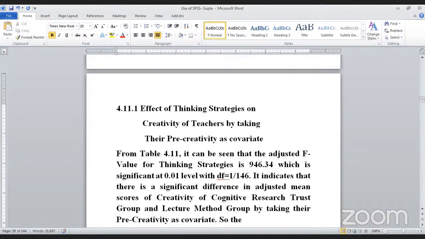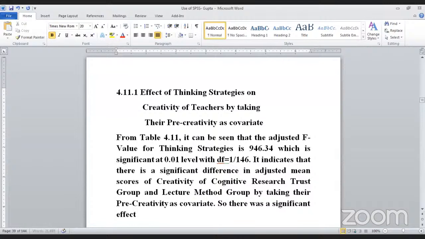so there was a significant effect of thinking strategy. Sojania, please do not ask me such questions. How many times have I to tell you that this is less than not this?